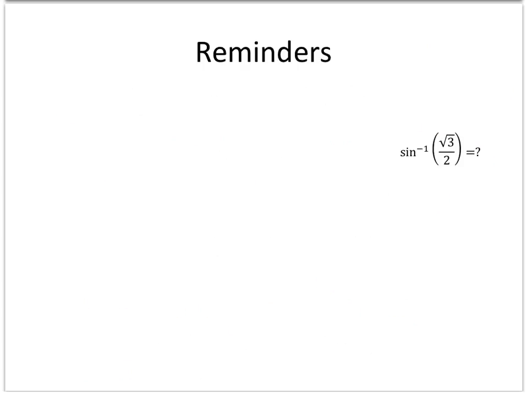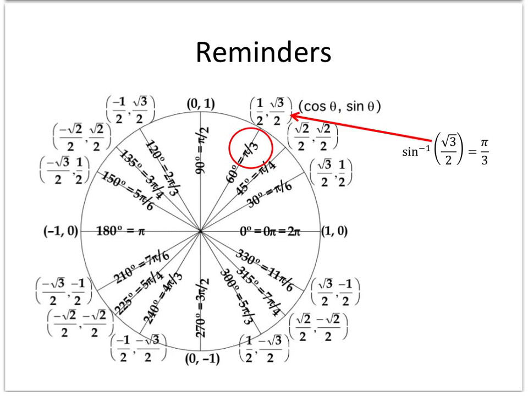So a reminder of how we found values for inverses, because most of you did. When you were in pre-cal, you were given this angle and you were asked to find this value. Well, for the inverse, you're on the unit circle. I'm looking for this value as y, because remember y was my sine, and I find square root of 3 over 2.